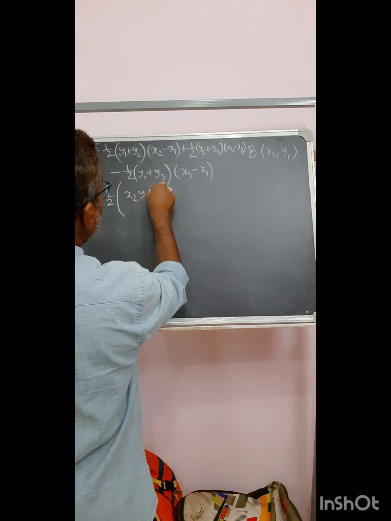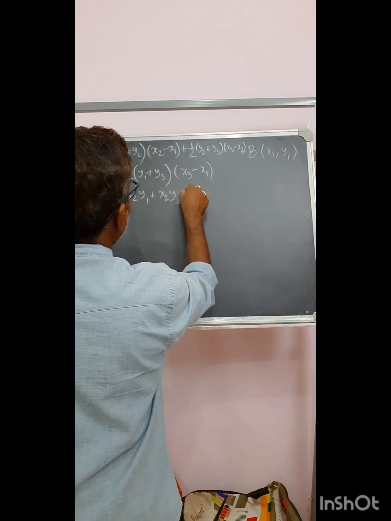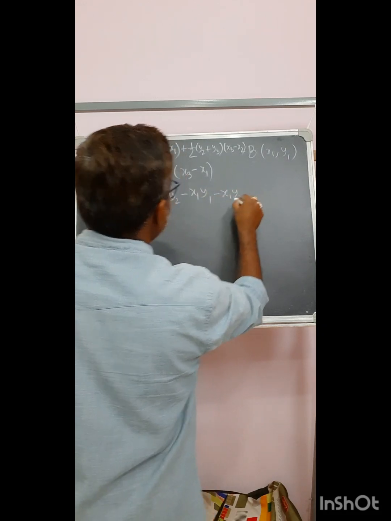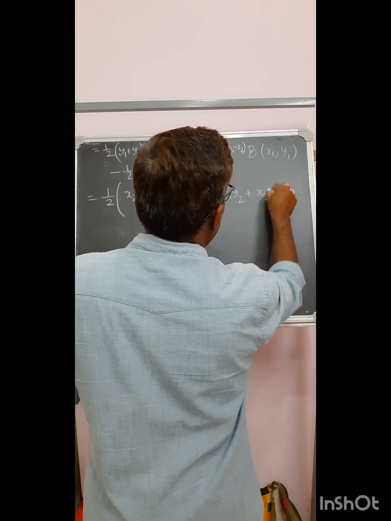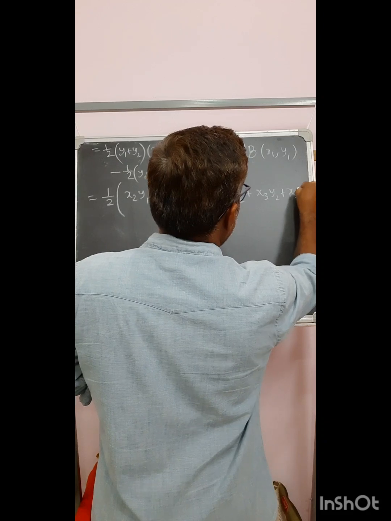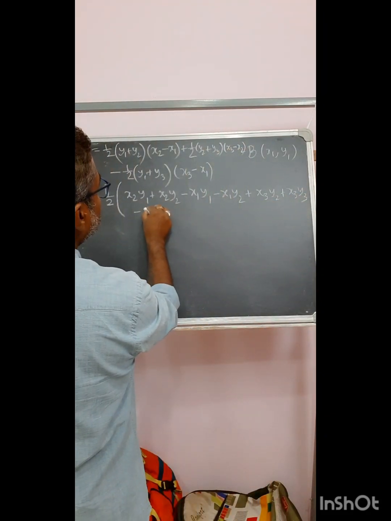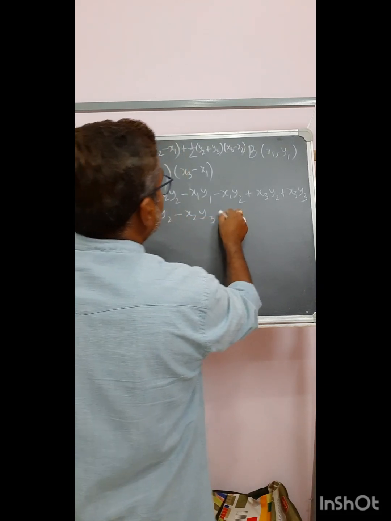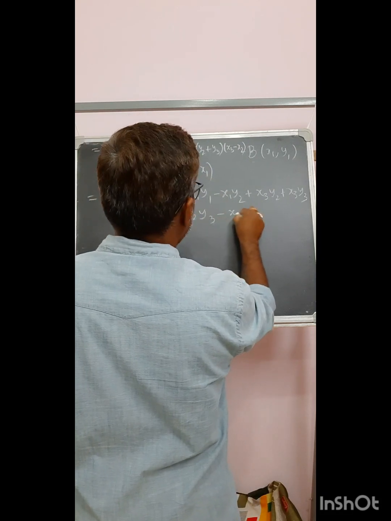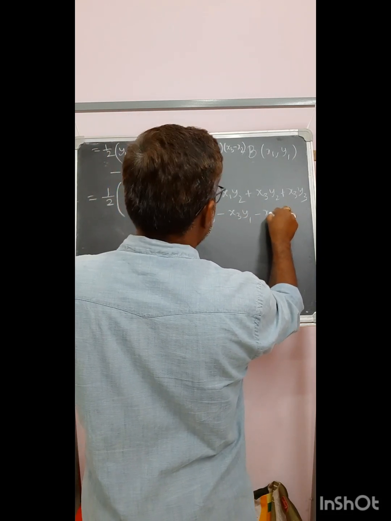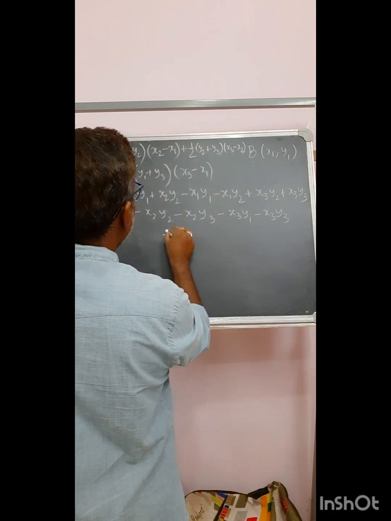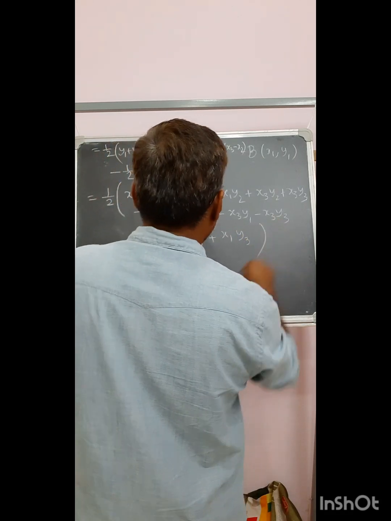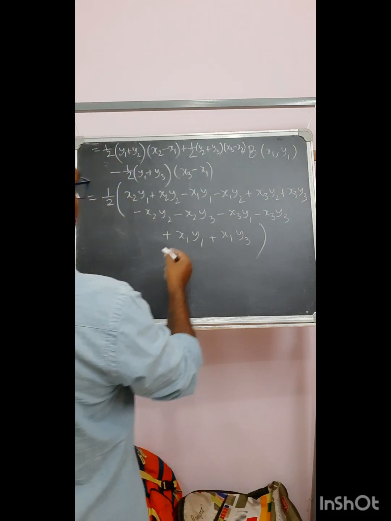X2 Y1 plus X2 Y2 minus X1 Y1 minus X1 Y2 plus X3 Y2 plus X3 Y3 minus X2 Y2 minus X2 Y3, then comes here minus X3 Y1 minus X3 Y3 plus X1 Y1 plus X1 Y3. Now let's see which terms can be cancelled out from here.